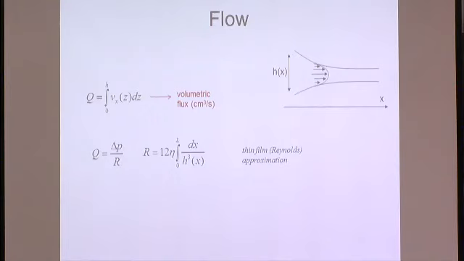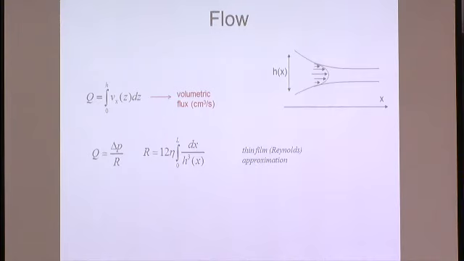So there is a huge scale difference between the length and the aperture. So one can assume that it's a thin film, and then adopt the lubrication approximation, in which one assumes that the flow profile is locally parabolic, as if it was a flow between two planar walls separated by h of x.